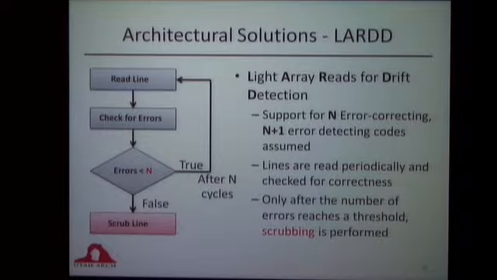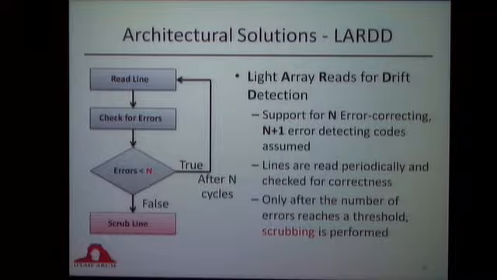So at every LARD interval, which is different from a full scrub interval, you read the line and check for errors. If the number of errors is less than n, where n is the number of errors that you can correct, then you don't do anything because you can still correct it. If the number of errors is equal to n, you scrub the line and write the correct value back by correcting with the ECC value.